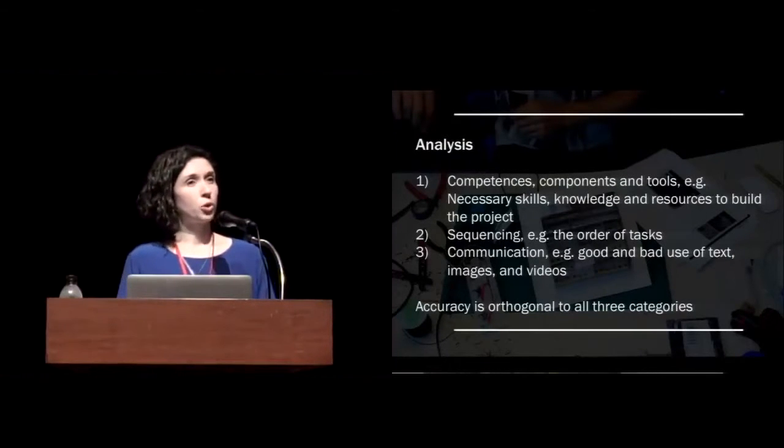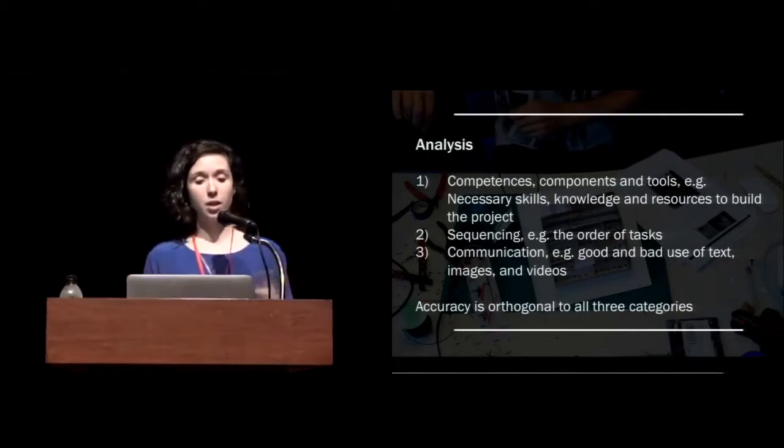Once we had all the data collected, we started to do our analysis, and from that we came up with 3 different categories to answer the question of what is the quality of a DIY tutorial. We won't have time to go into detail with those categories, but I'll give you a quick overview. The first one was competences, components, and tools. Really we were looking at the necessary skills, knowledge, and resources to build those projects.